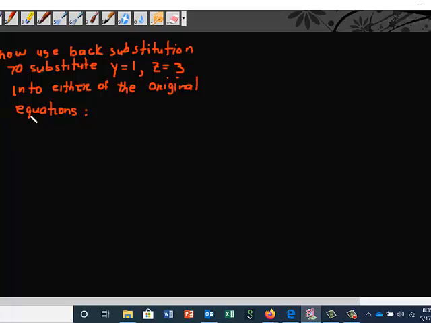So we'll say 2x plus, now this is y equal to 1, minus 3 times z, which is 3, negative 3 times 3, which is equal to negative 4.